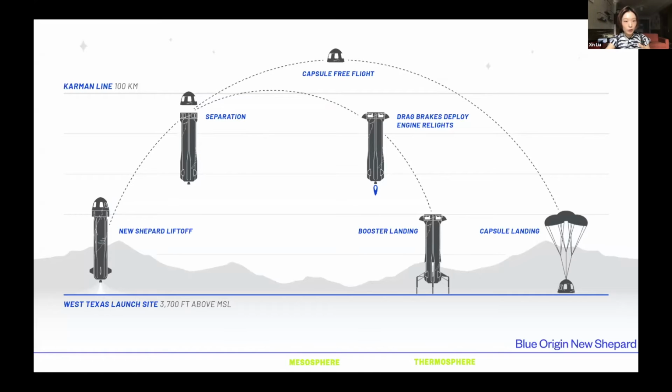It purely reached the Karman line, and the capsule separated at the tip and had a free flight, which is essentially, again, free falling back to the Earth. And during that duration, the capsule experienced 3 minutes of uninterrupted weightlessness.